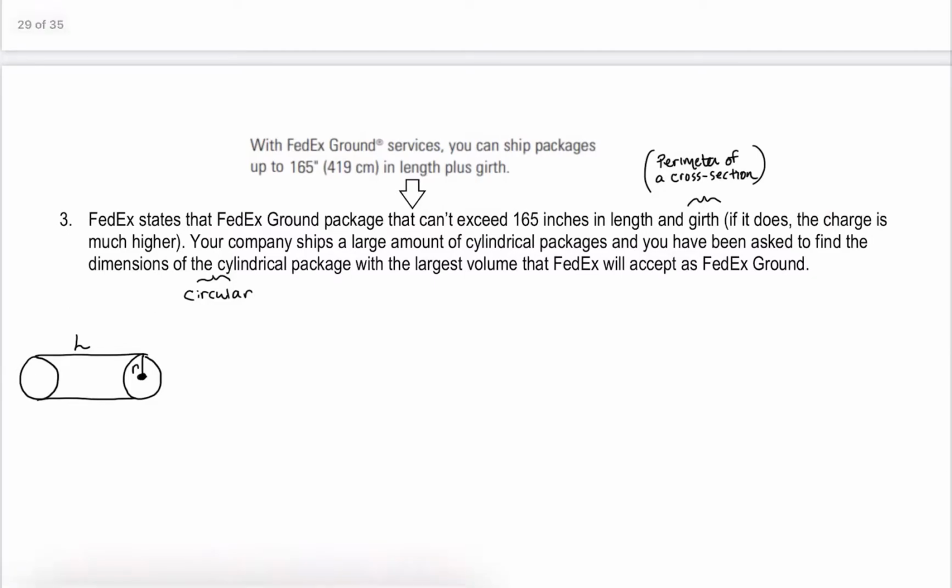And then we want to start by thinking about, well, what are we trying to optimize? And in this case, we're trying to come up with the biggest volume possible. So we are trying to maximize the volume. And again, kind of like example 1, let's just start with really the general formula for volume here, which would be just the area of the base times the height.